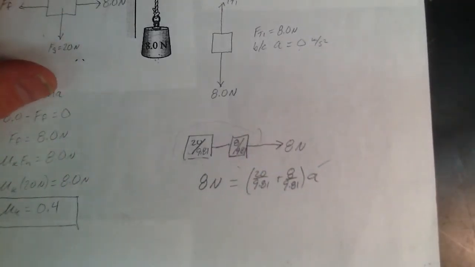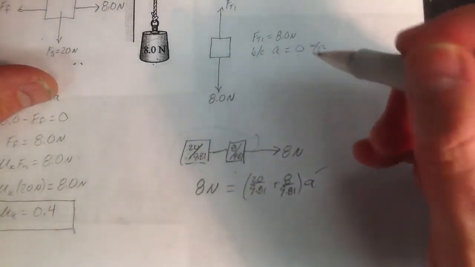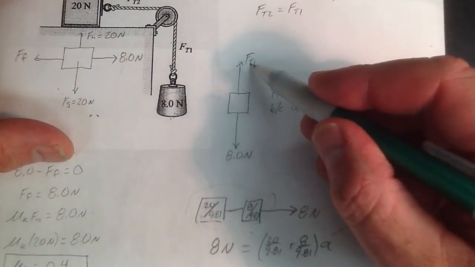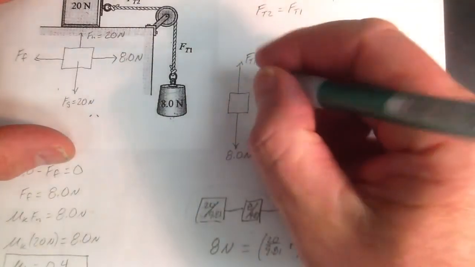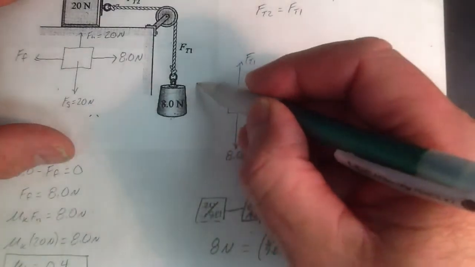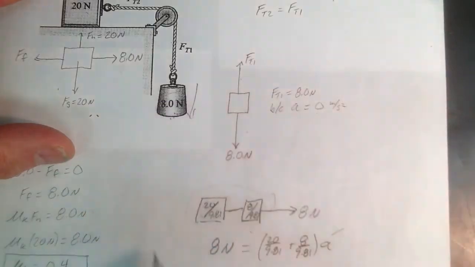Now once I do that, we often ask, what's the tension in the rope? And here's where people make a lot of mistakes. They want to say this and this are equal. That's wrong. This one has to be smaller than this if we already determined it's accelerating in this direction. So this force of tension must be smaller.